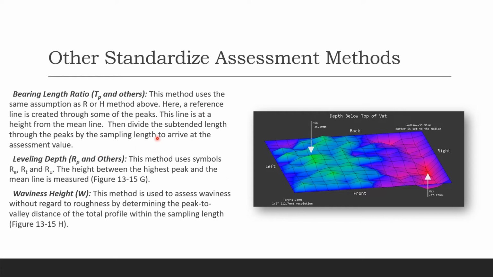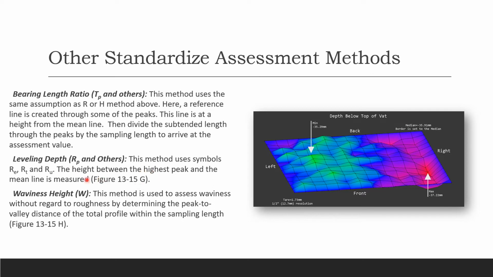And again, you don't have to bother about everything. If you can just know that there are many methods that we try to study the surface, because it is difficult to study the surface. So we have too many methods, because many companies, businesses, and institutions try many different ways to study the surface. Leveling depth is your RP and others.